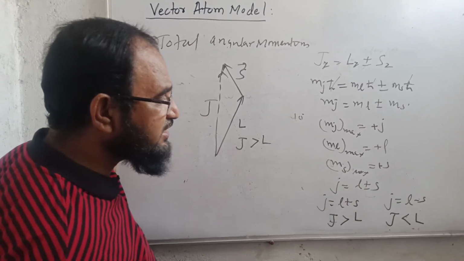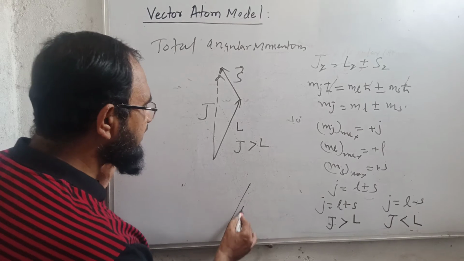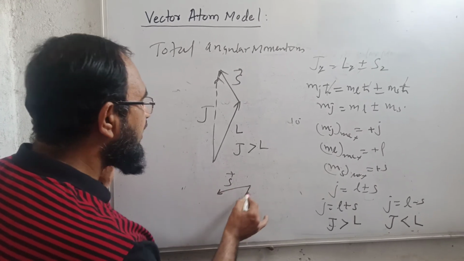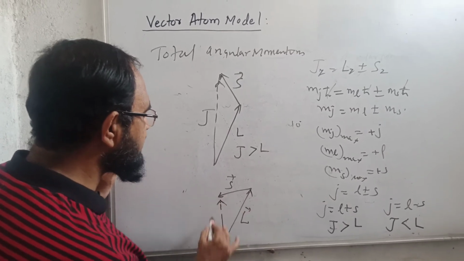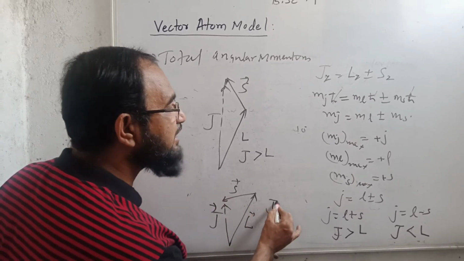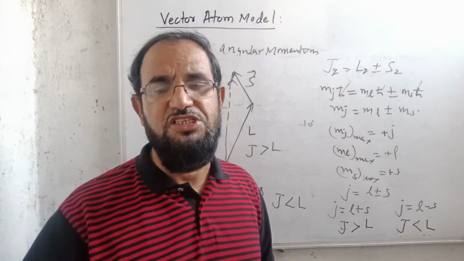Now for j less than l, I will draw the vector l and vector s again, and use the triangle law of vector addition. The resultant is the j vector, and from the figure you can see that j is less than l. So this is the vector representation.